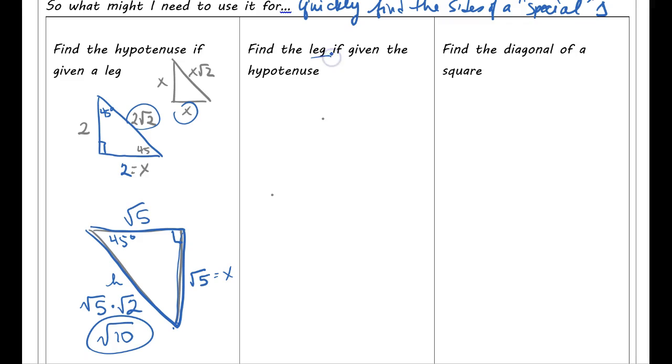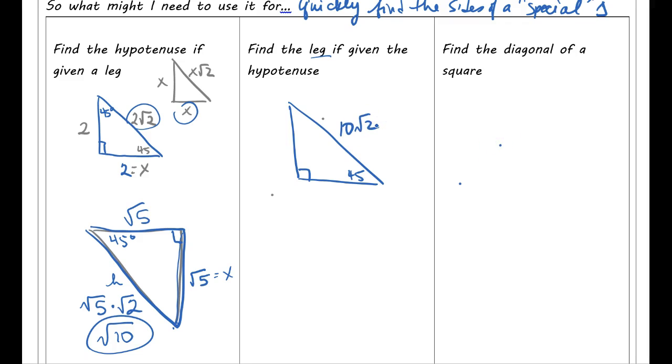Find the leg if given the hypotenuse. So let's pretend that this is the problem given. You know that's a 45, or they're both 45, and maybe they've given you a 10 here. Okay, actually we'll start easy. Let's start with 10 root 2.